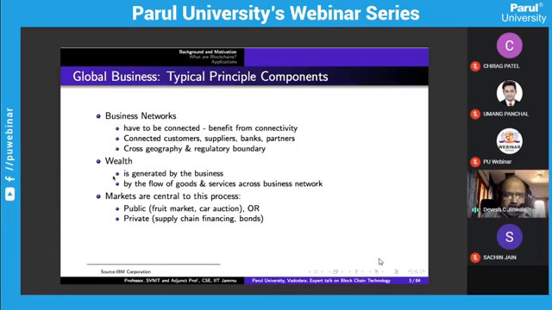The wealth is generated by the business, by the flow of goods and services across the business network. That is one of the reasons why the business is actually being done. And markets are central to this entire process, which could be public market, private market, with obvious meaning, as it is shown.